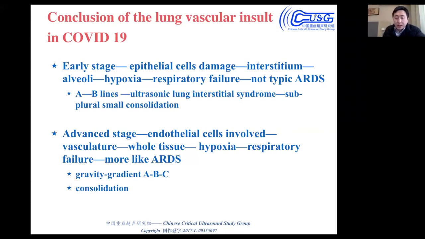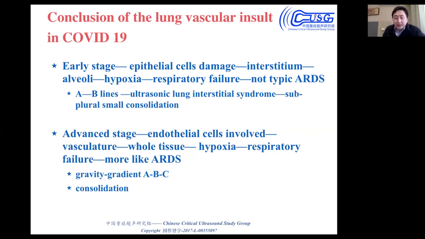We see the sign of gravity gradient, and we see the water drops to the posterior part of the lung. The consolidation is commonly found in the non-ultrasound findings. So that's different.